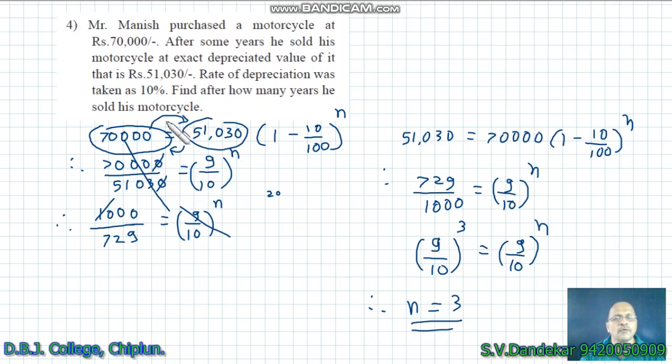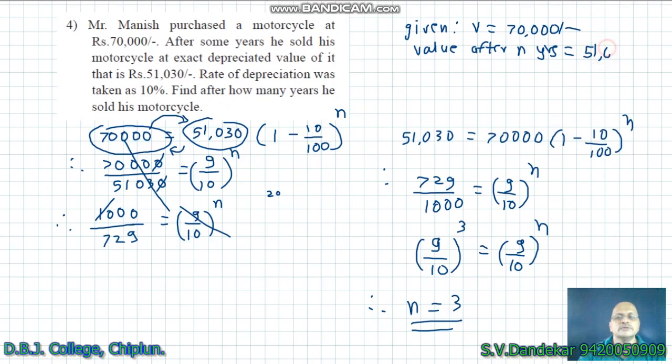And to avoid such mistakes, always write the given things. Always begin the problem with the given things. Given: present value 70,000, then value after n years equal to 51,030, R is equal to 10%, and then write the formula.